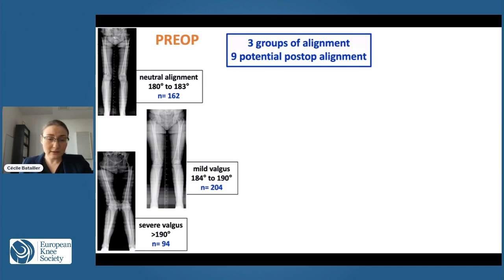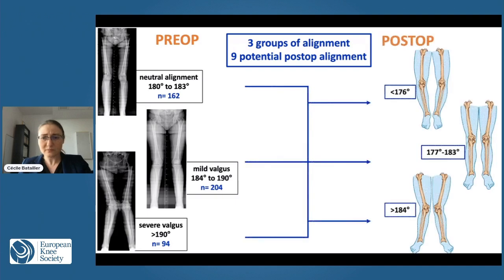After, we also classified patients by postoperative knee alignment: patients with a varus postoperative alignment, so more than 4 degrees of varus; patients with a postoperative neutral alignment, so between 3 degrees of varus and 3 degrees of valgus; and patients with a postoperative valgus knee alignment, so more than 4 degrees of valgus deformity.